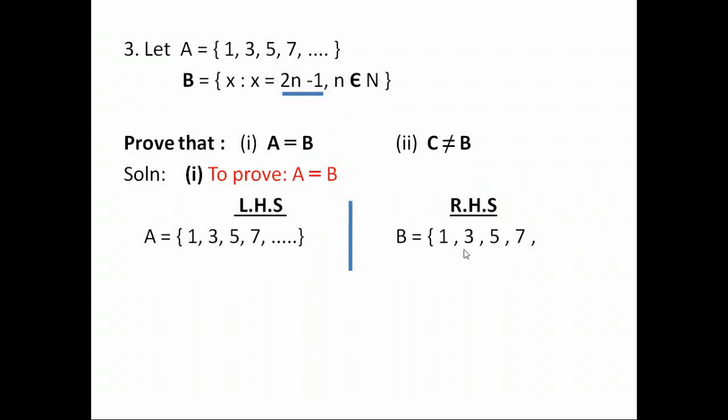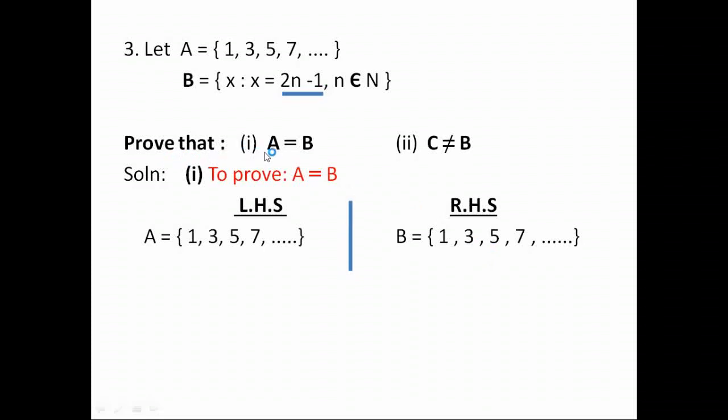Now if you observe, these are also the odd natural numbers and there is no range given, so it means it will continue. So we can show the continuation using dotted lines. And if you observe, the elements of set A and the elements of set B both are the same.